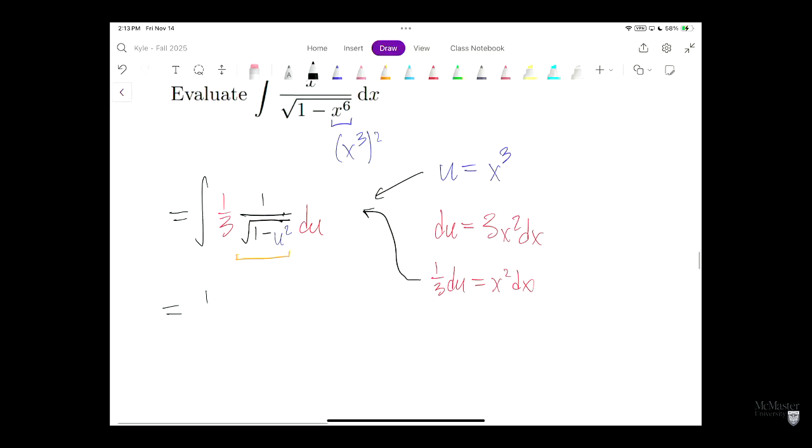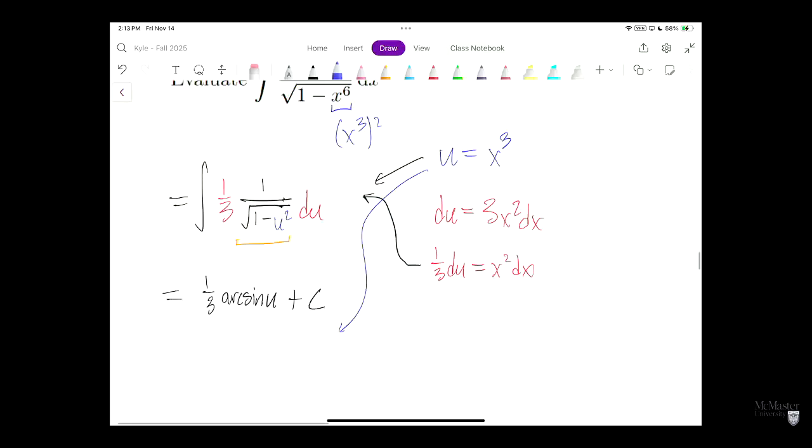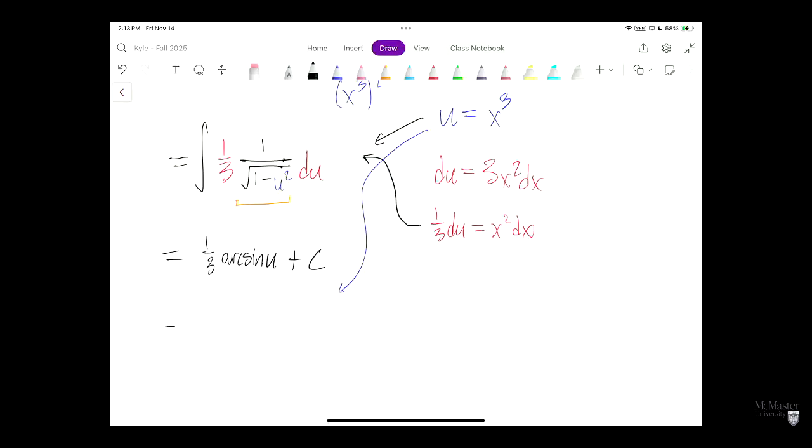The integral of this is arcsine. I misspoke. This is 1/3 arcsine of u plus c. So we can now substitute our formula for u back in here. So this is 1/3 arcsine of x cubed plus c.